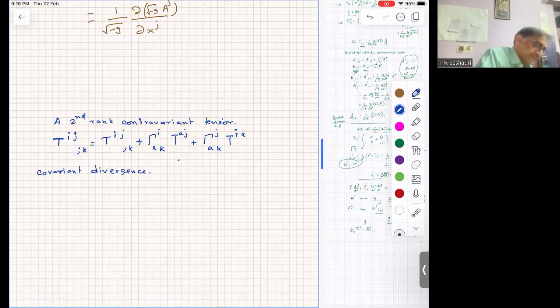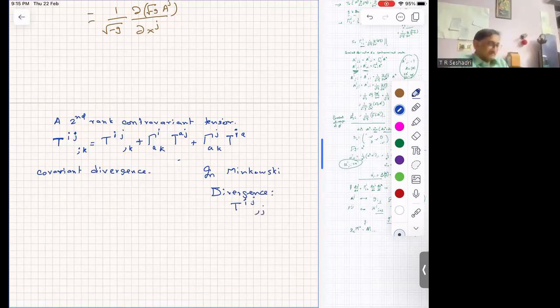Okay. Now I want to get the covariant divergence. Now, what is the covariant divergence? In Minkowski space-time, I have divergence is T^{ij} comma j.